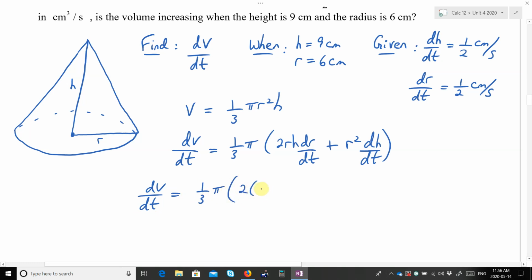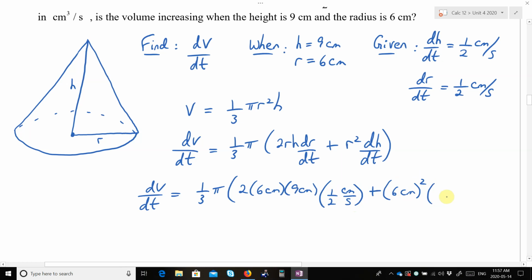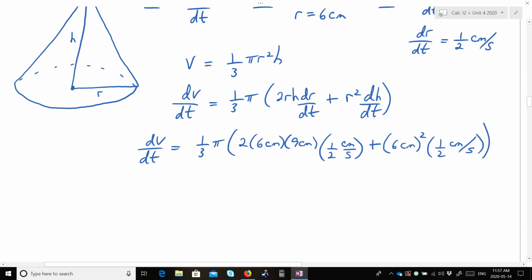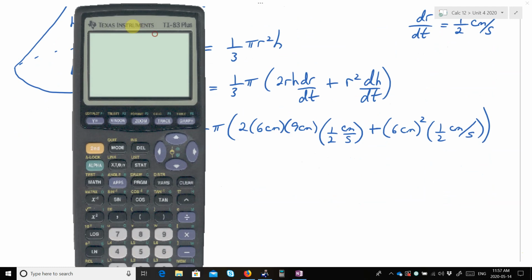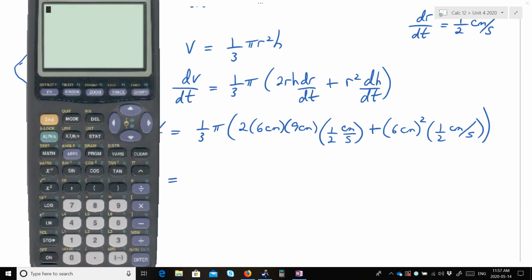So we'd have 2 times 6 centimeters times 9 centimeters times dr dt, which is 1/2 centimeter per second, plus 6 centimeters squared times dh dt, which is 1/2 centimeter per second, and we get a change in volume with respect to time that is equal to, okay, let's work this out.